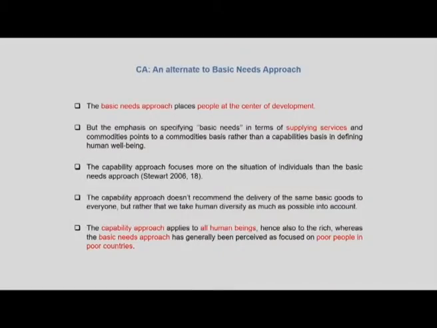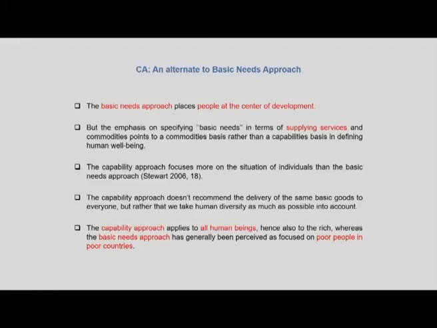So, the focus with respect to the basic needs approach is in supplying the commodities, whereas the capabilities approach is looking at enhancement of capabilities, and that requires a much bigger emphasis, because that requires an institutional change, a change in the social arrangements within which the child functions. So, the capabilities approach focuses more on the situation of individuals than the basic needs approach.